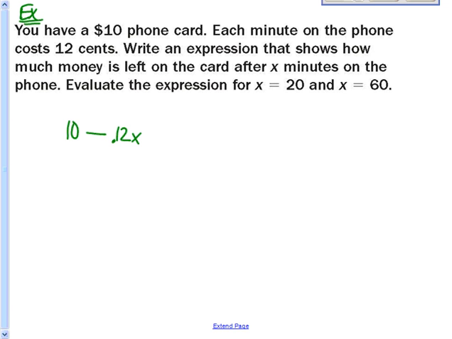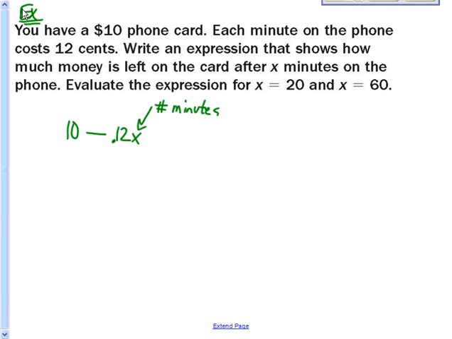So $10 minus 24 cents, and so on. So x is just symbolizing the number of minutes there. Okay, so there's our expression, and then we want to evaluate it for 20 and then for 60.